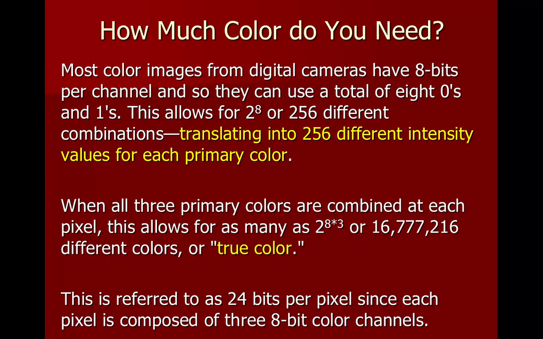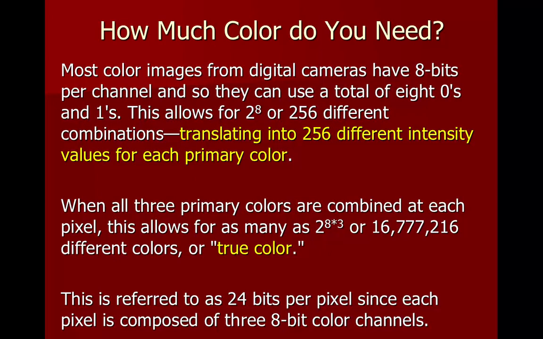Now if we look at all 3 primary colors that are possible, remember red, green, and blue, then we have 2 to the 8th, but it's times 3 because there are 3 colors, or roughly 16K different colors. And this is given a specific name that's known as true color. You'll often see that referenced in video monitor resolutions.